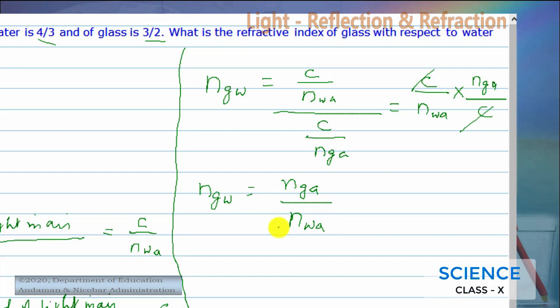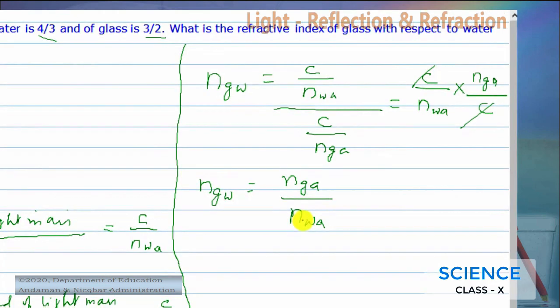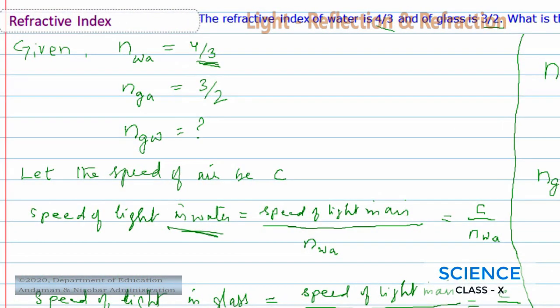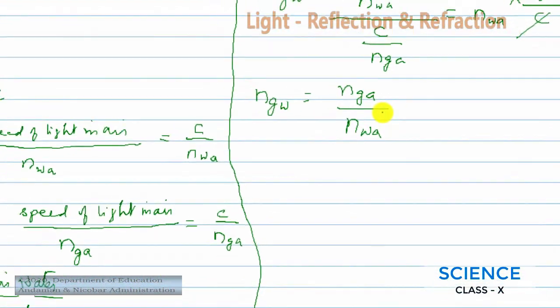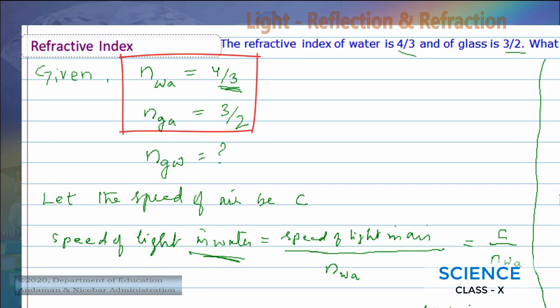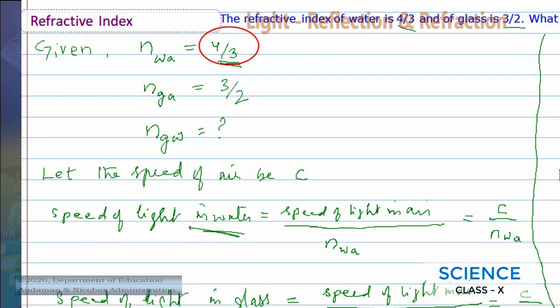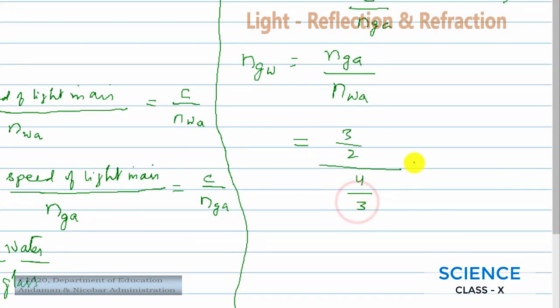In the question, the values of NGA and NWA, that is the refractive index of glass and water, are given as 3 by 2 and 4 by 3. So substituting these values, the refractive index of glass is 3 by 2 divided by the refractive index of water, 4 by 3. So we can write 3 by 2 multiplied by 3 by 4.